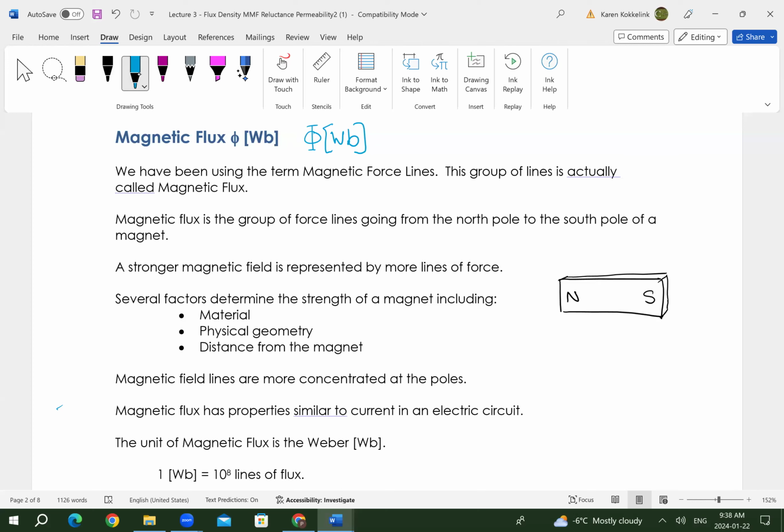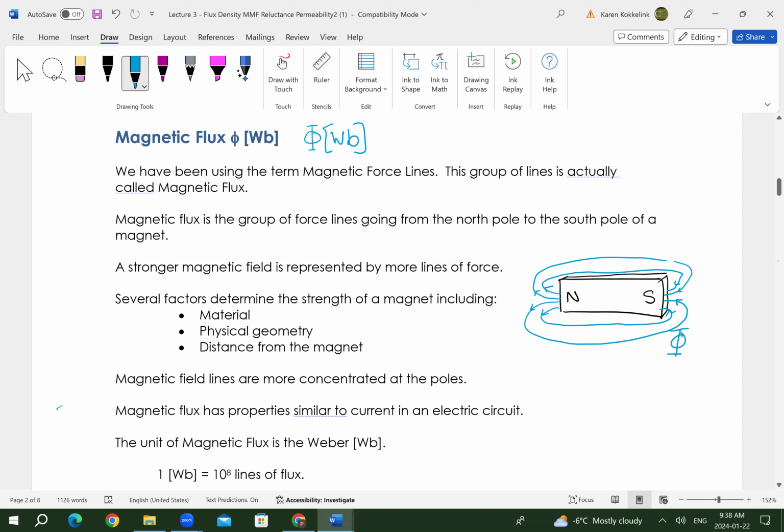My lines of flux are those lines that I can actually see if I put some magnet filings on my desk. I can see that they align themselves in separate lines, and those lines go out of the North Pole and into the South Pole. These are the flux lines I'm talking about.